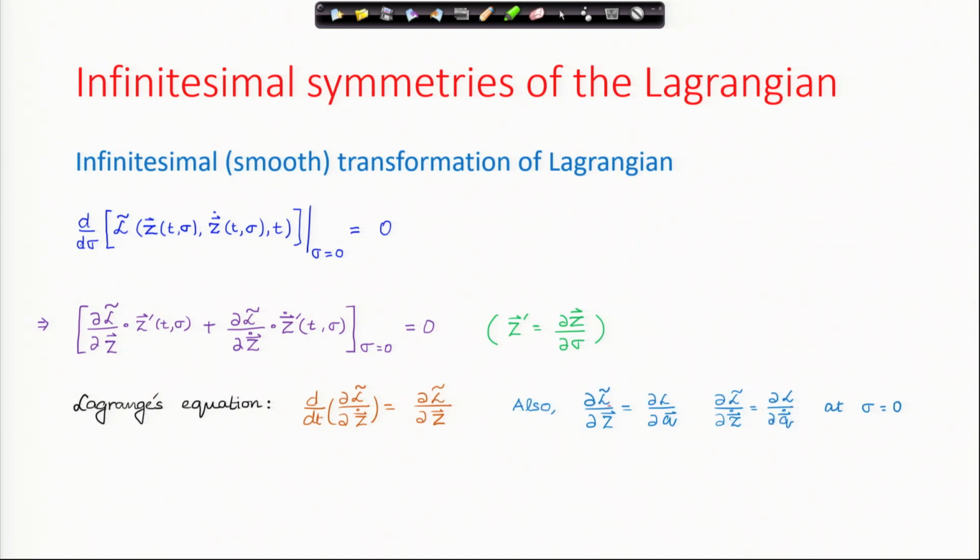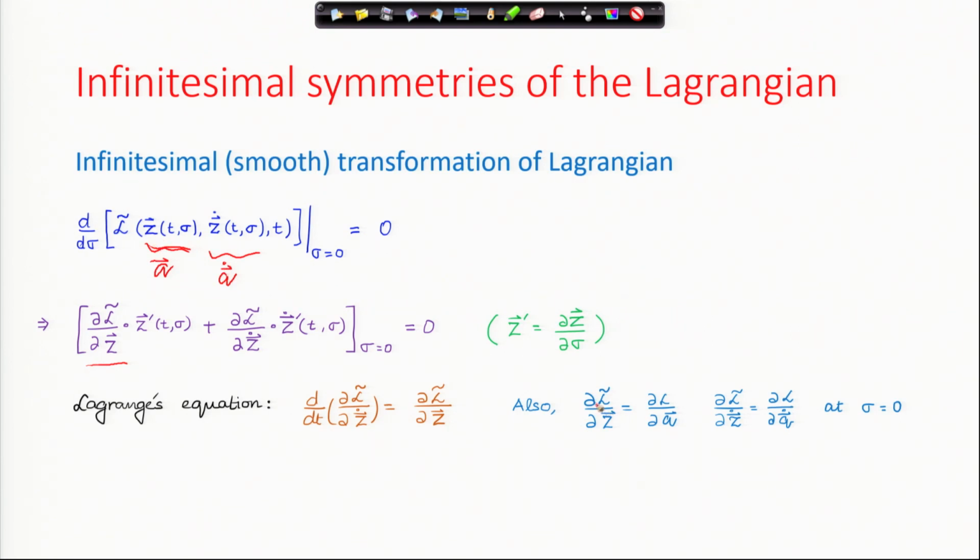Now, ∂L̃/∂z, the first term here, that can also be written as ∂L, the original Lagrangian, /∂q. This you can check very easily because the first argument was q, the second argument was q dot, and that we have replaced by z.